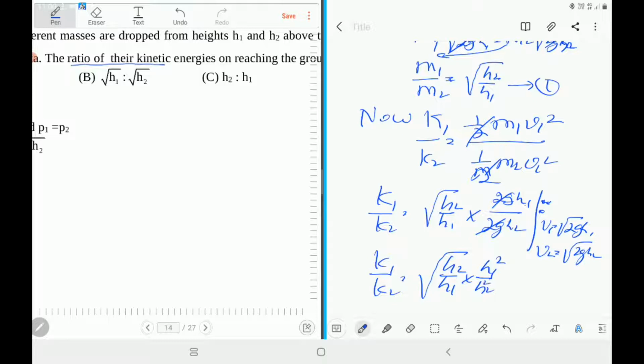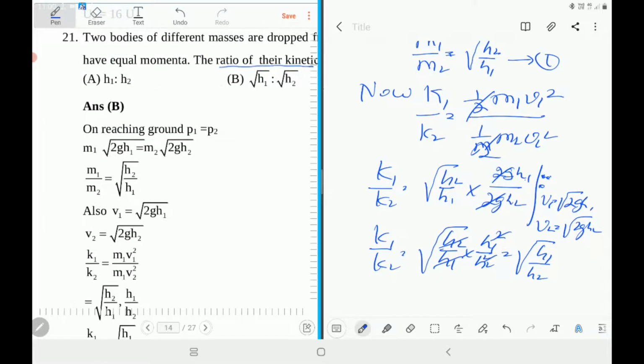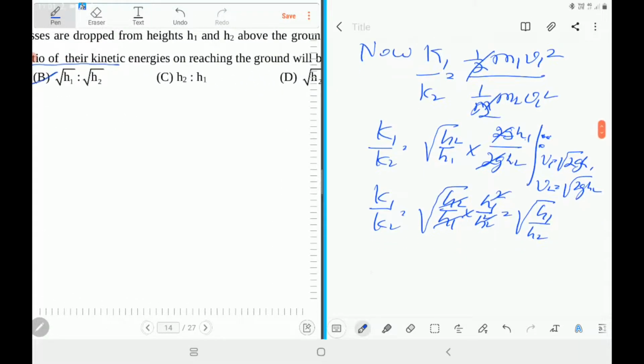One h1 and one h2 cancel out. You have h1 in the numerator and h2 in the denominator. So the ratio is root h1 to root h2. So option B, we will go with option B. When you compare k1 to k2, you have root of h1 to root of h2. So this is how we can solve.